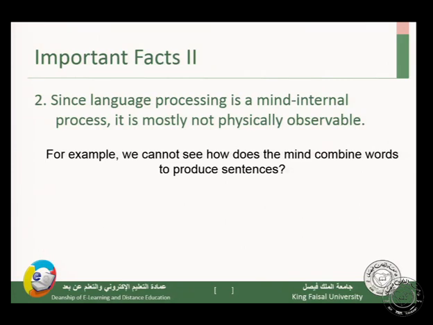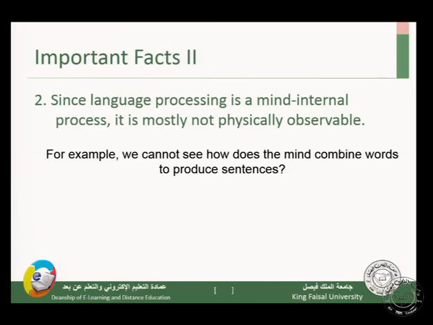We cannot see how the brain combines words to produce sentences. Of course, science is developing, but until today, we cannot see this process. It is a process inside the mind, inside the brain. So this is the bad side.